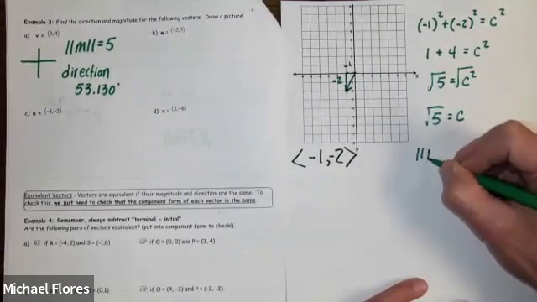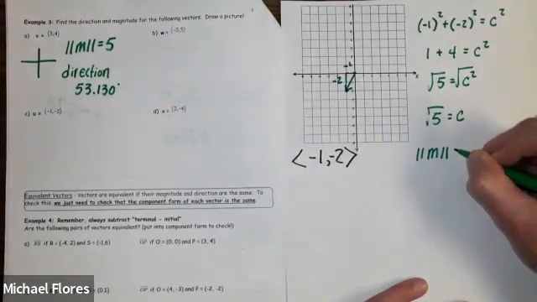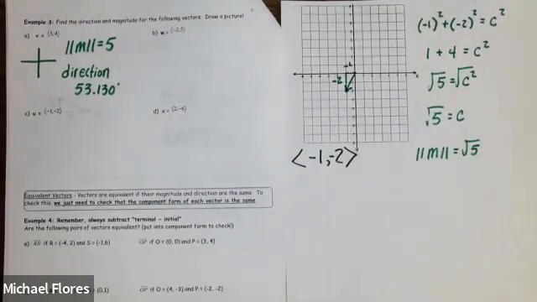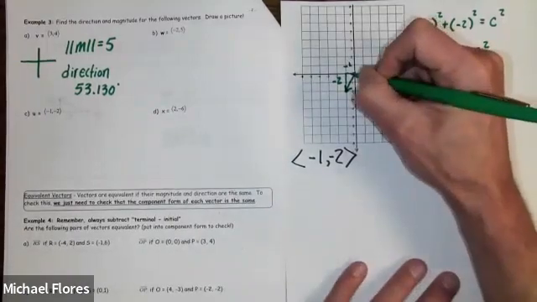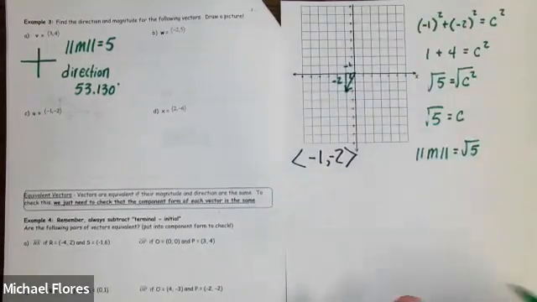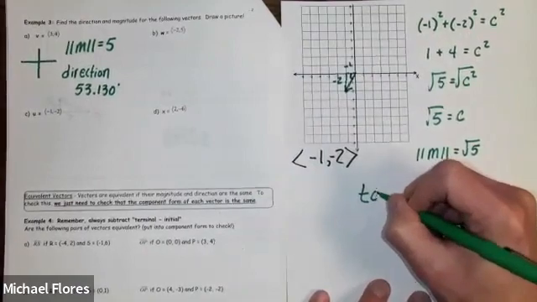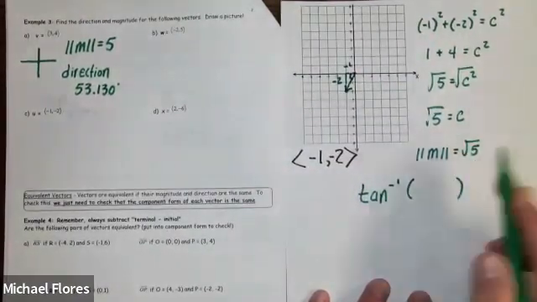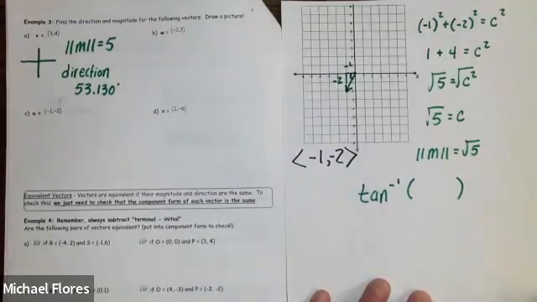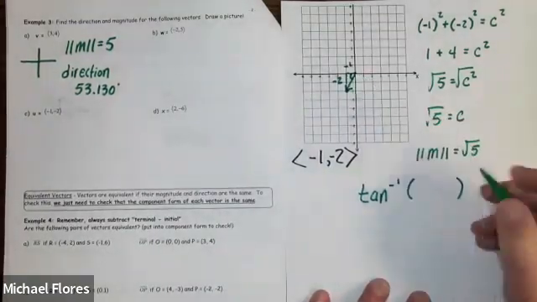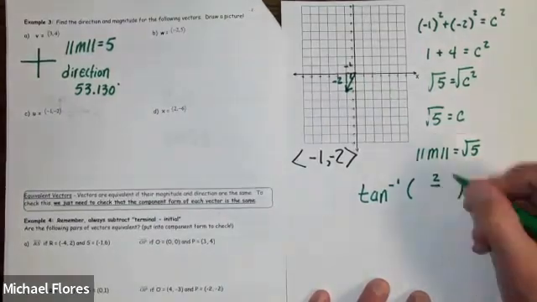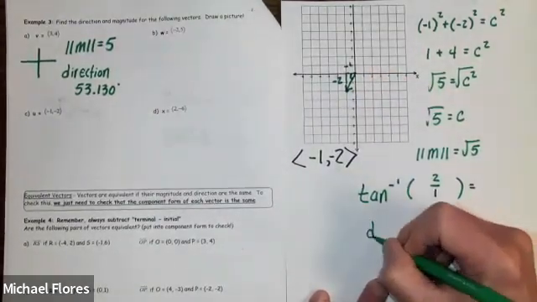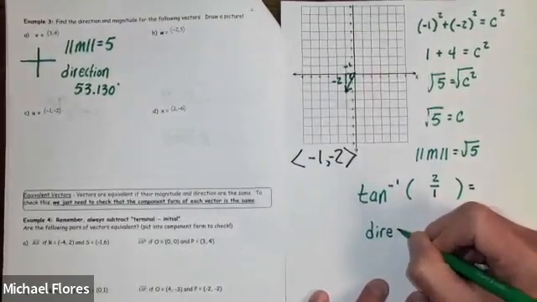So we have a magnitude of the square root of 5. Now let's find our direction here. Here is angle theta, inverse tangent. Remember, we want to use positive numbers here, at least I do. Opposite would be 2 over adjacent, which would be 1. And that will give us our direction.